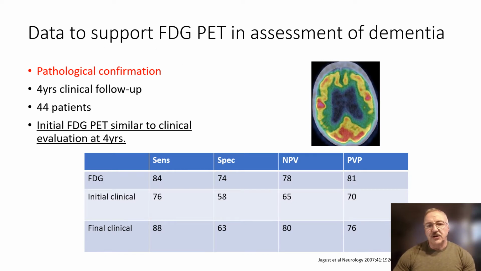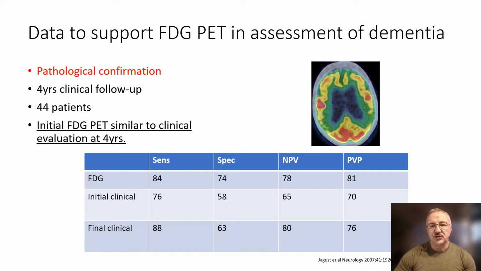So again, if we look at a pathologically confirmed study, where these people had a 4-year clinical follow-up in 44 patients, so really long follow-up with pathological confirmation at the end. What they show is that this initial scan is like looking into the future in 4 years' time.